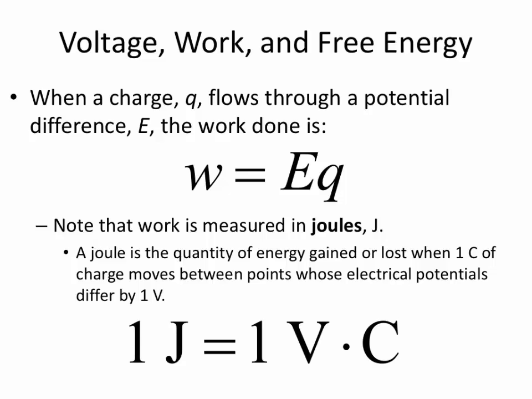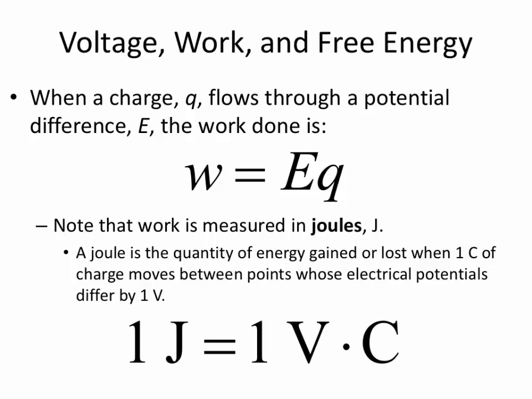Now, when a charge Q flows through a potential difference E, the work done then is given here. We have W, our work done, is equal to E times Q. Again, E is the potential difference through which our electrons are falling, and Q is how many electrons we have, or what charges we have flowing through our circuit.